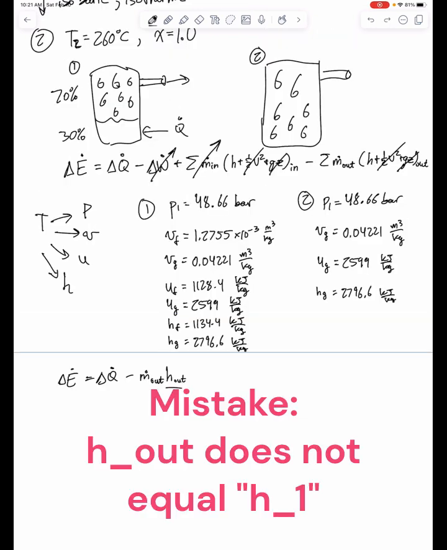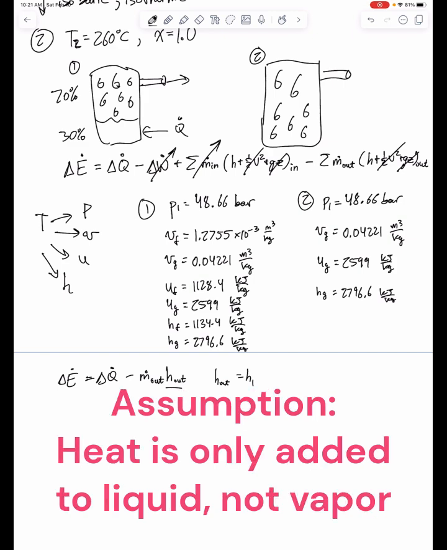According to the solution key, your H out is the same thing as your H1 because that's what it is at the start of the system. So my guess is that the heat only applies to the vapor side, because the vapor side is more condensed and it's at the bottom. So that's what's being affected, not the gas. The gas can stay relatively the same. So okay, with this assumption, we can now continue.